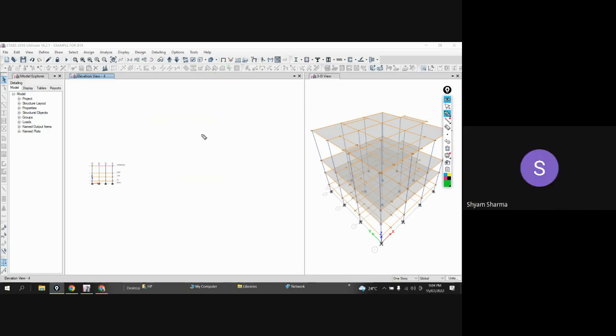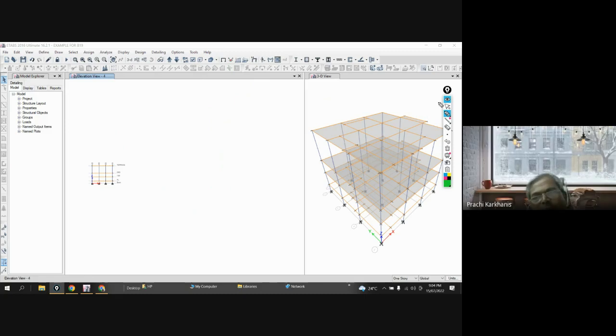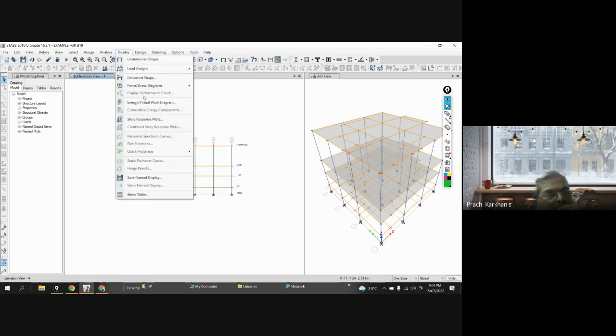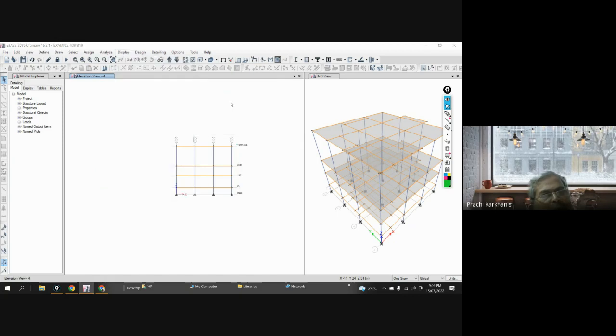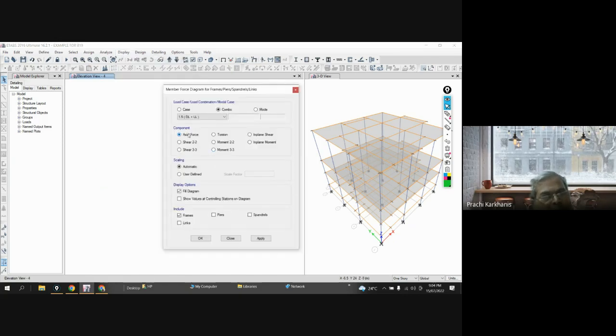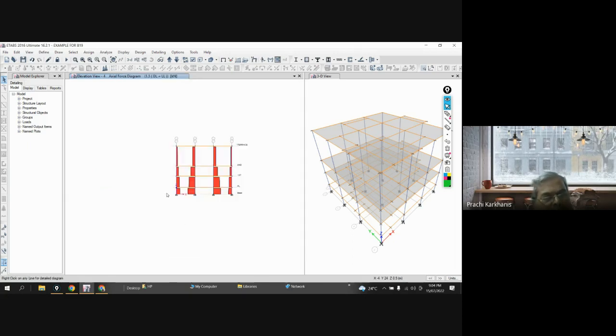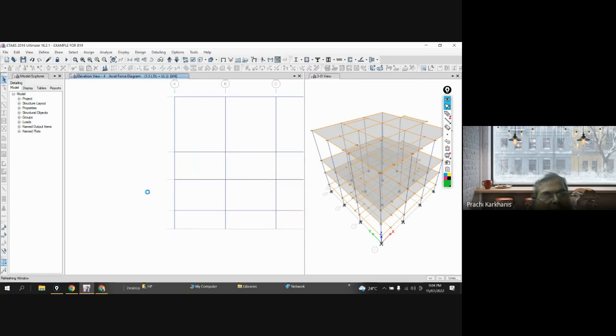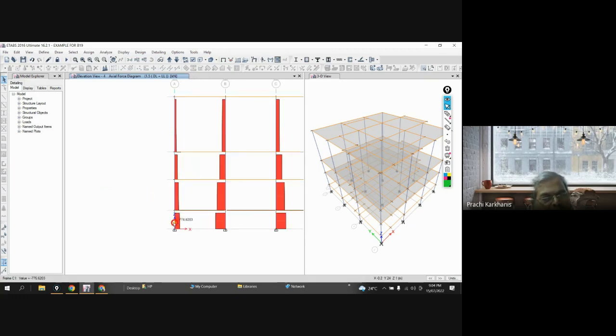Clear? Yes sir. So let us see the results now. So go to Display, then go to Force Diagram, Moment Diagram, and go for axial force and 1.5, and you will see. So everywhere you will see that, let's see over here.